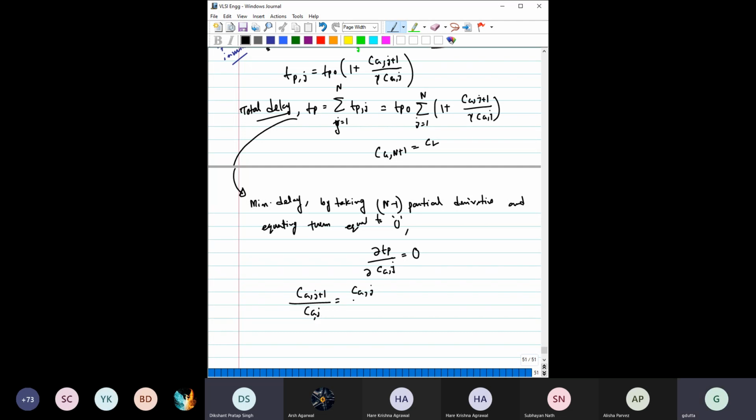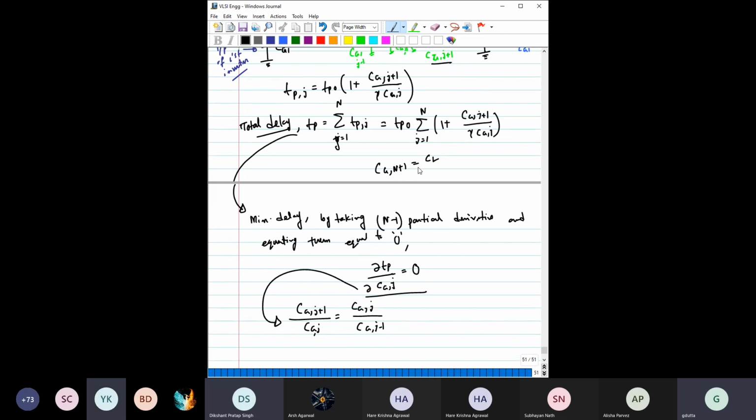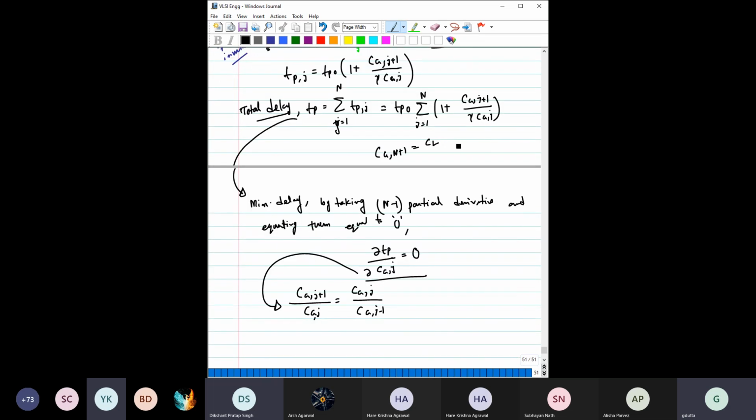Is it clear to you? So if you do this delta Tp by delta Cg equal to 0, for any stage, say for this jth stage, then you should be able to get this expression. Because you can see the other terms would become 0 when you are taking the derivative.